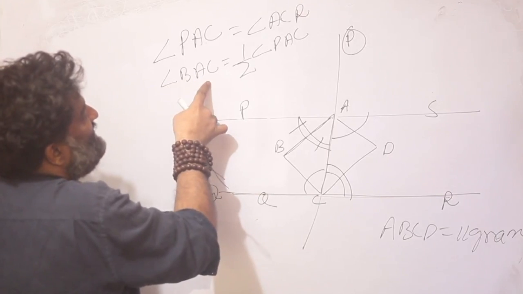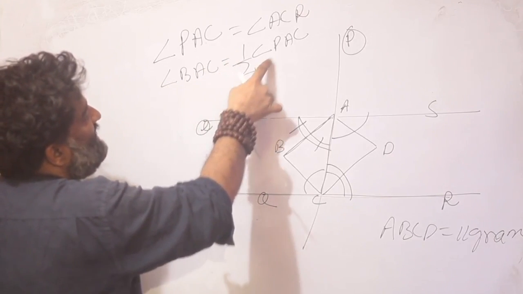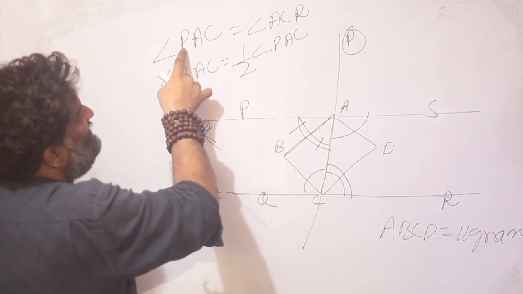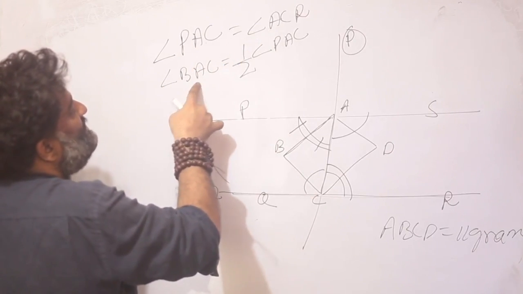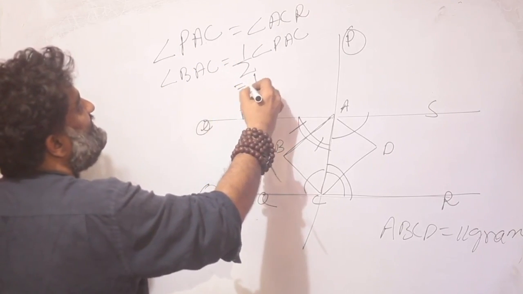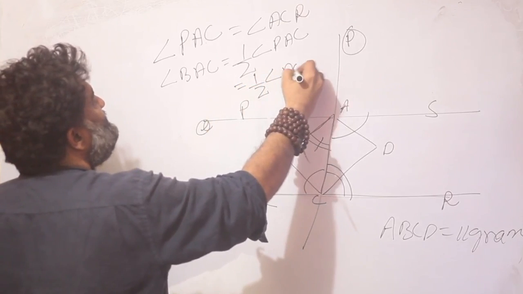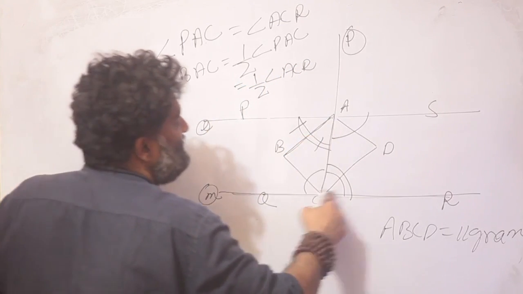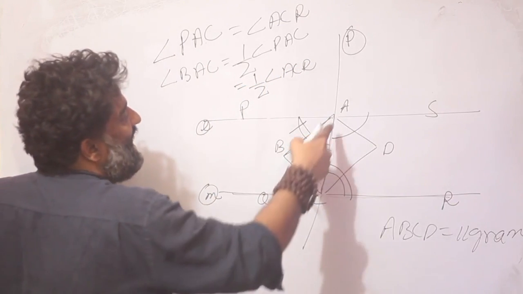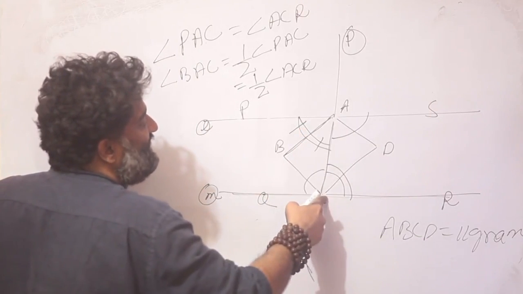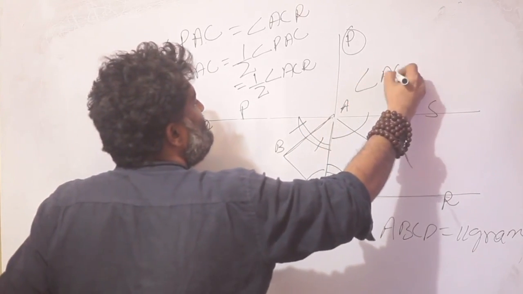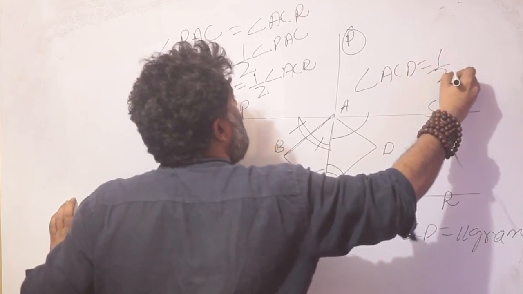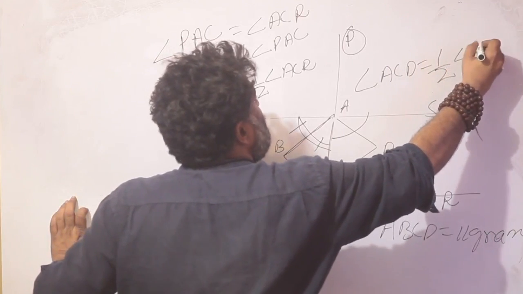So angle BAC is equal to half of angle PAC, and I just said angle PAC is equal to ACR. That means, can I also say that angle BAC is equal to half of angle ACR? And now if I think for a minute of angle ACD, it is also half of angle ACR.